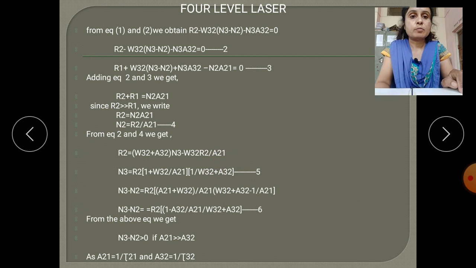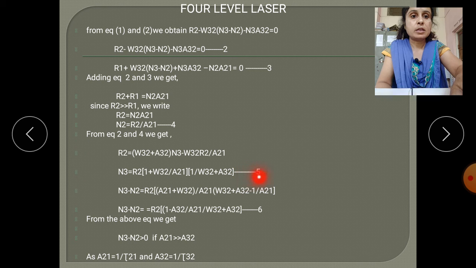This is the process of emissions occurring according to the stimulated and spontaneous emissions, with the lasing action taking place. So in the population inversion, the level N3 is equal to R2 times (1 plus W32 upon A21) times 1 upon (W32 plus A32).